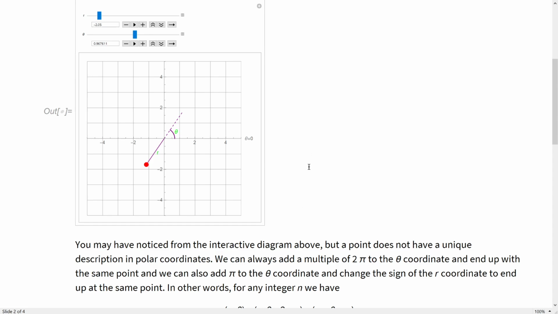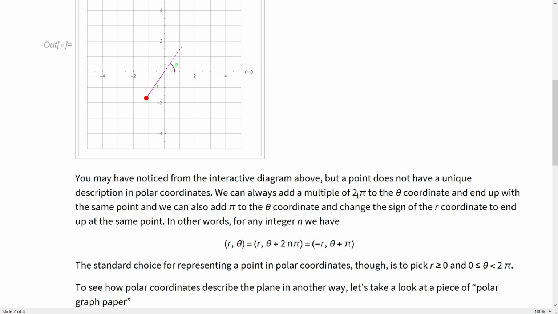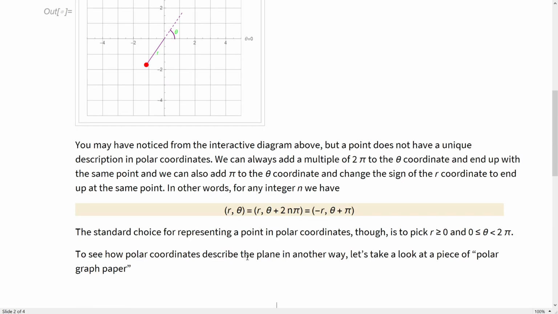The price we pay for moving from this nice rectangular picture to what's usually a more convenient coordinate system is that we lose some of the uniqueness we had, which is usually a worthwhile price to pay. So here are a couple of ways in which polar coordinates can be duplicated.